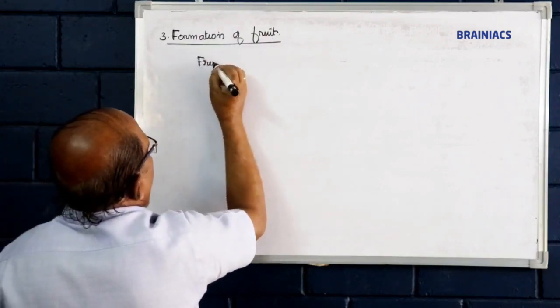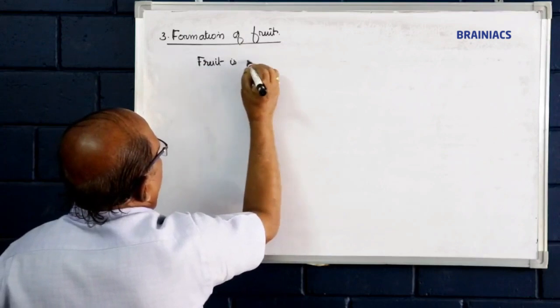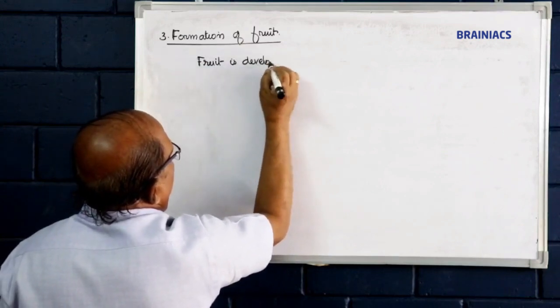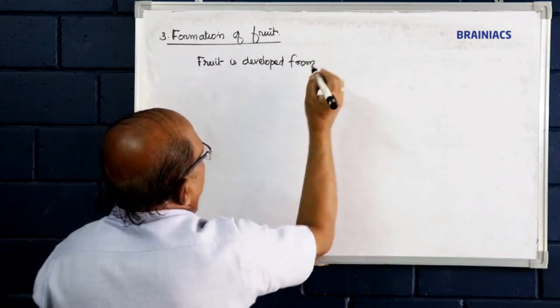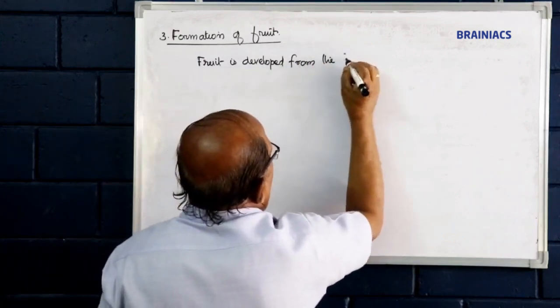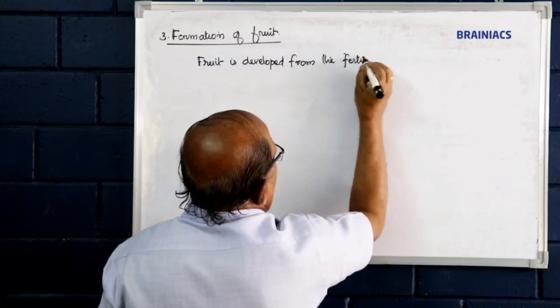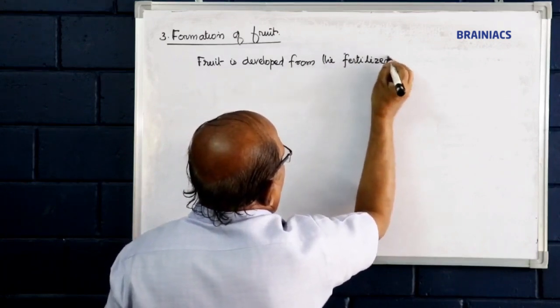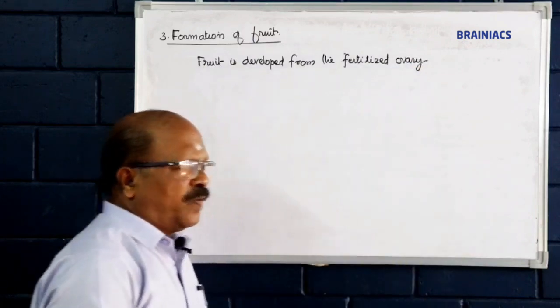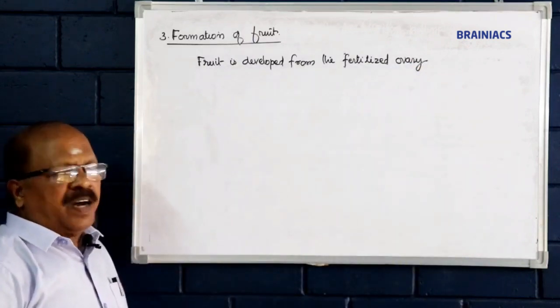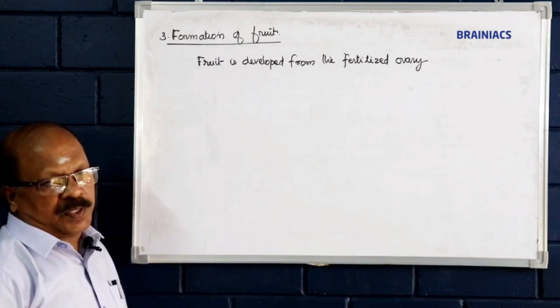Fruit is developed from the fertilized ovary, meaning the ovary after fertilization becomes the fruit.